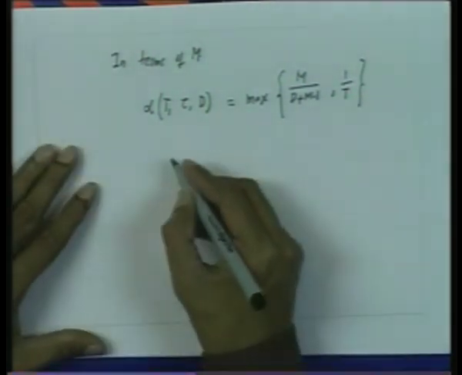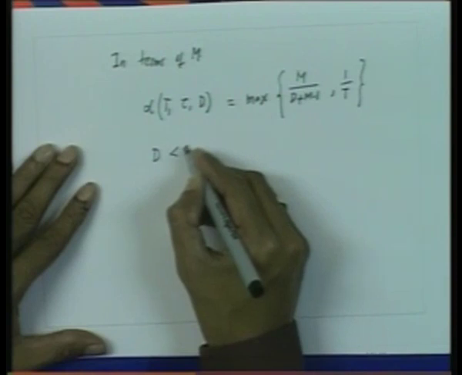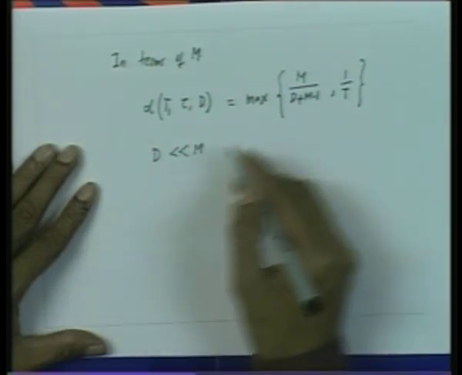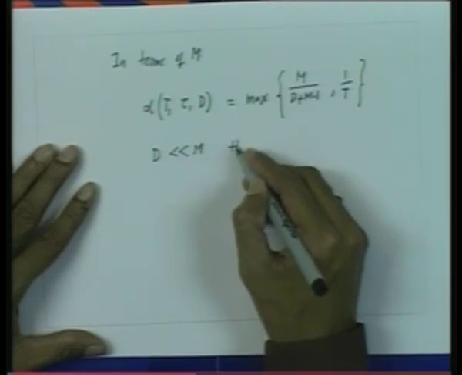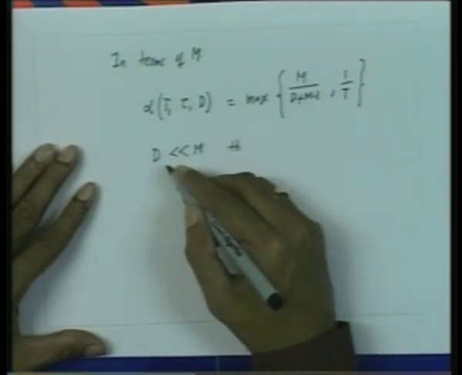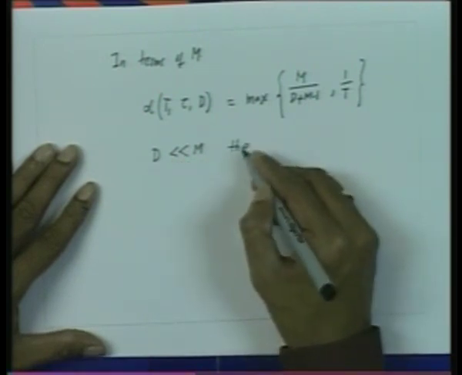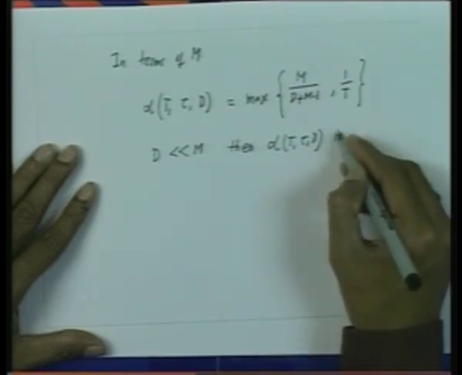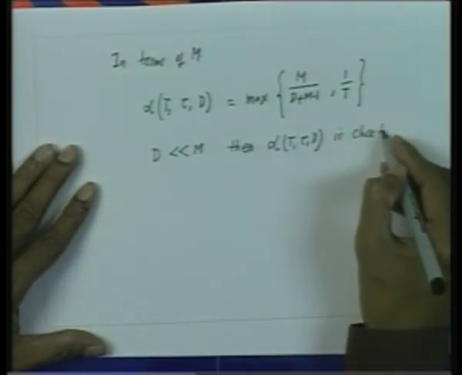So if the delay requirement is stringent, because D is much less than M, then alpha T, tau, D is close to 1.